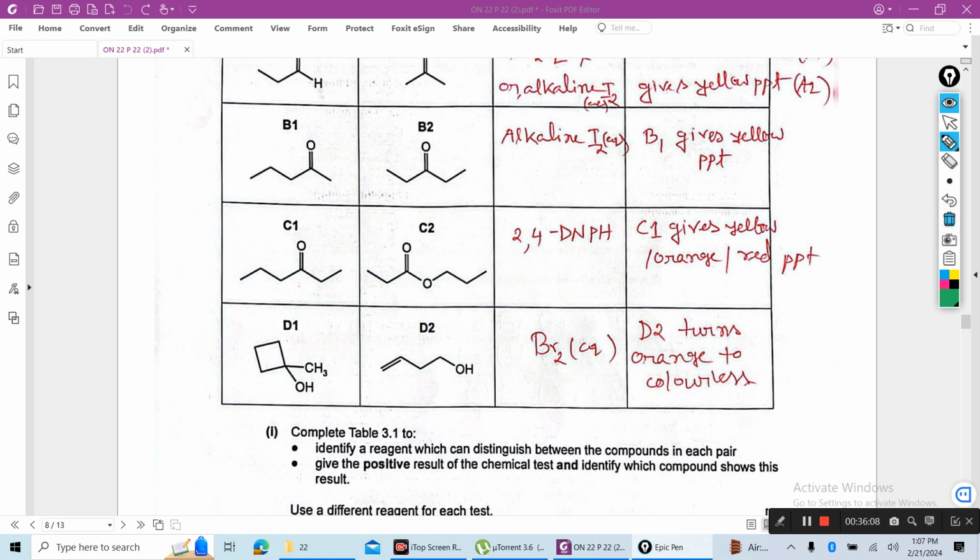So you can easily distinguish ketone and ester by reacting with 2,4-dinitrophenylhydrazine. C1 gives a yellow or orange or red precipitate because C1 is a ketone.